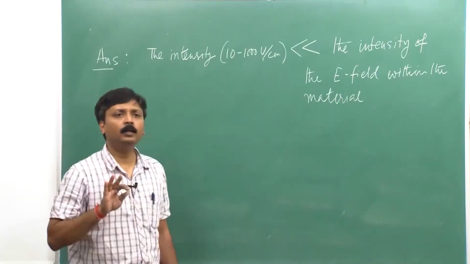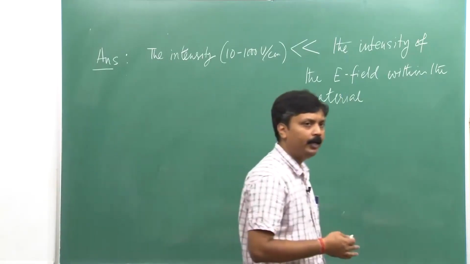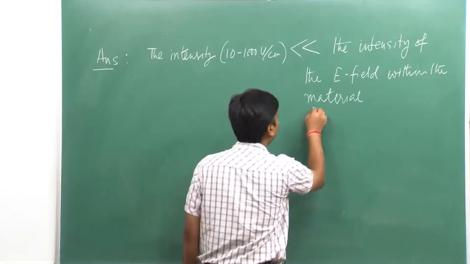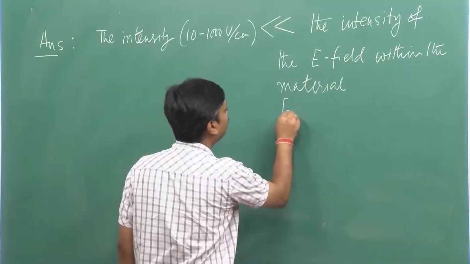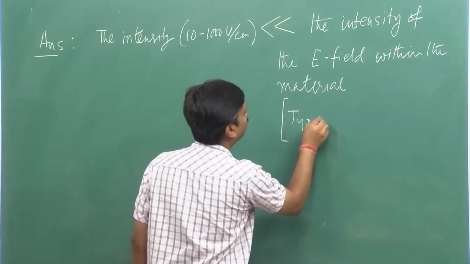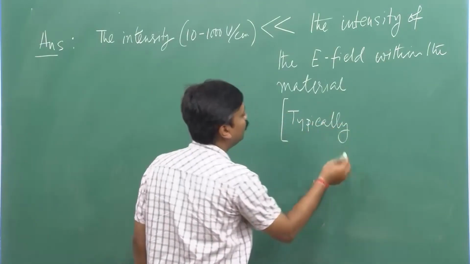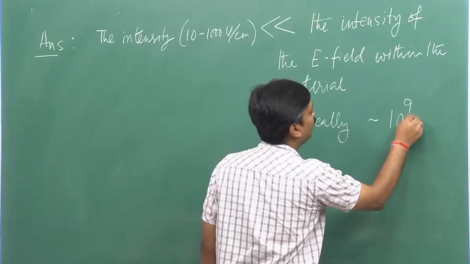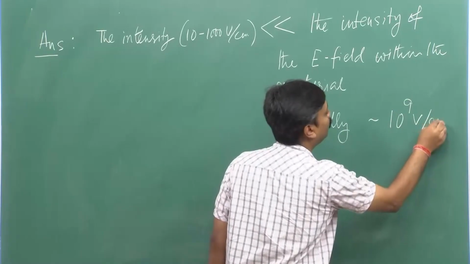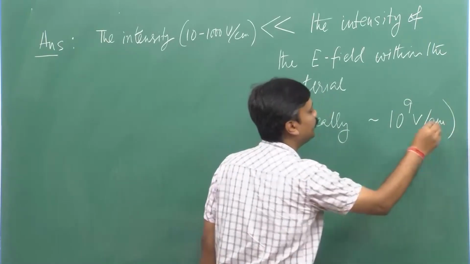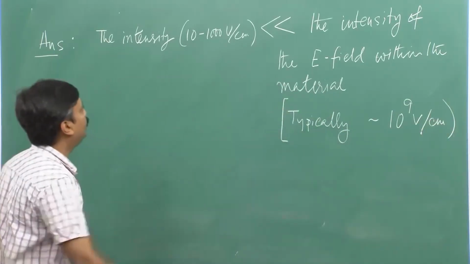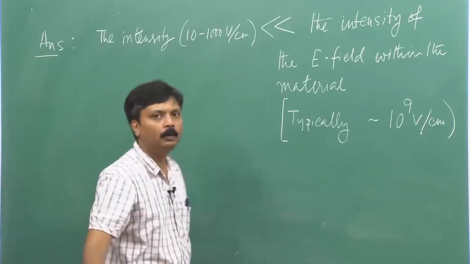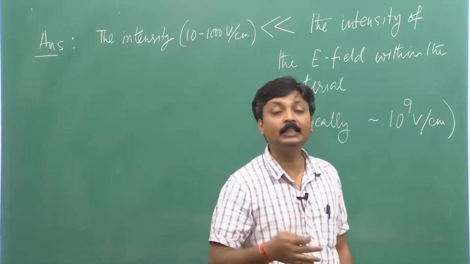What is the typical order of the electric field within the matter? It is typically around 10 power 9 volt per centimeter, and this is 10 to 1000. So, of course, this is 10 to the power 8 to 10 to the power 6 orders of magnitude less.